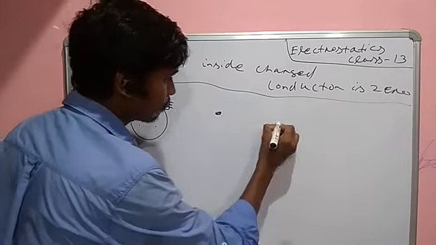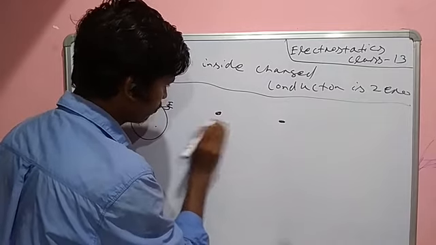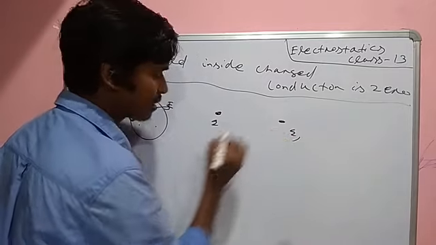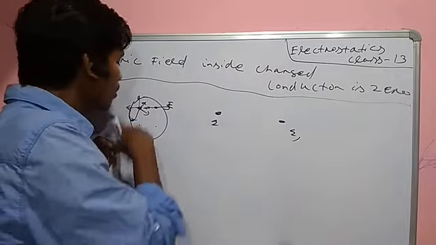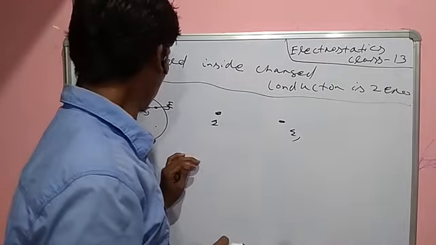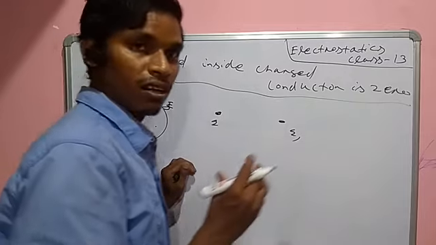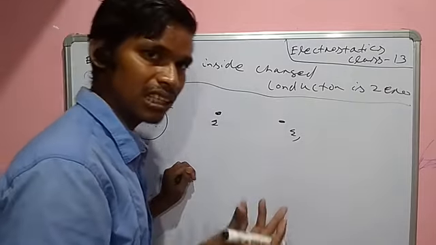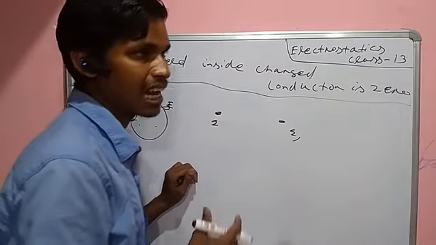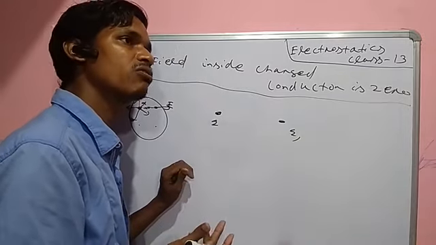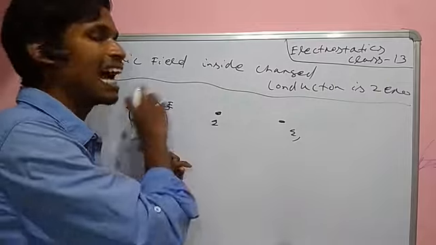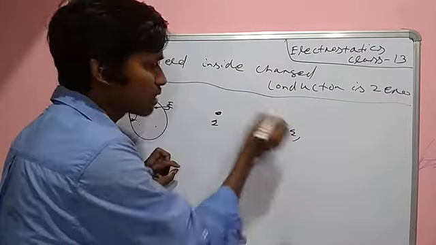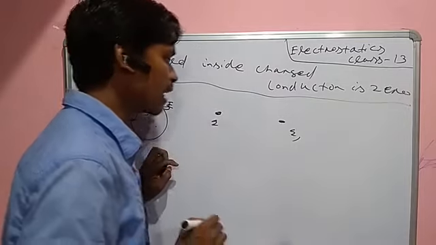Suppose the same charge Q. The charged conductor consists of, suppose, a number of protons. That means the protons are of similar size, mass is the same, charge is also the same, 1.6 × 10⁻¹⁹. That means they are identical in nature. Suppose this is the proton, this is the charge, 1.6 × 10⁻¹⁹.